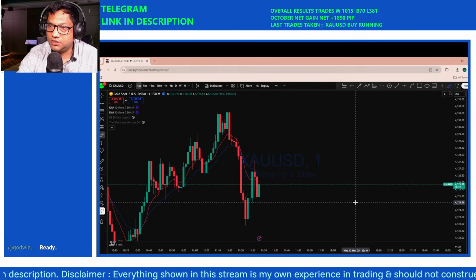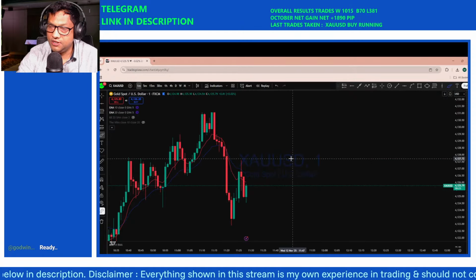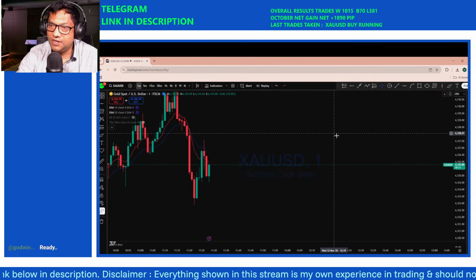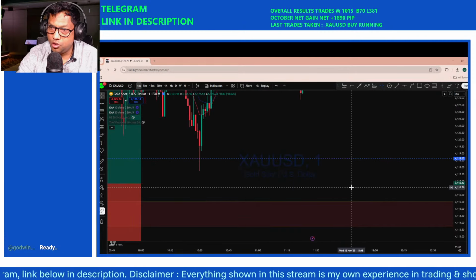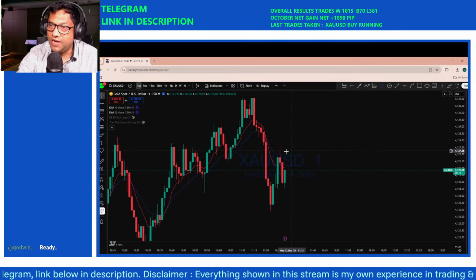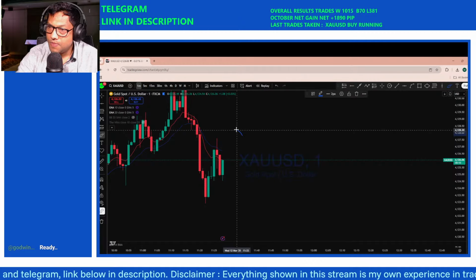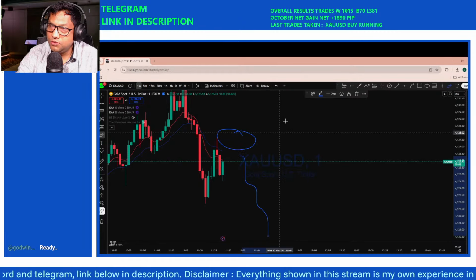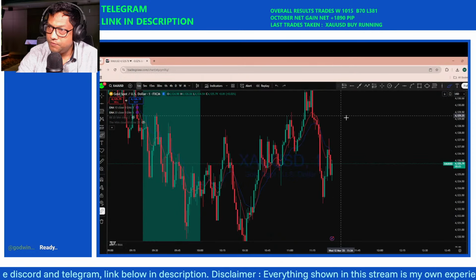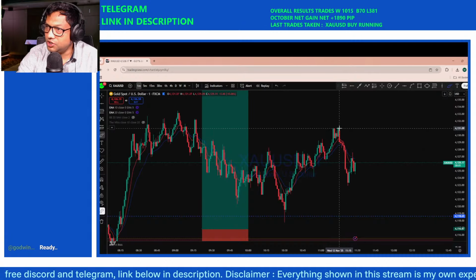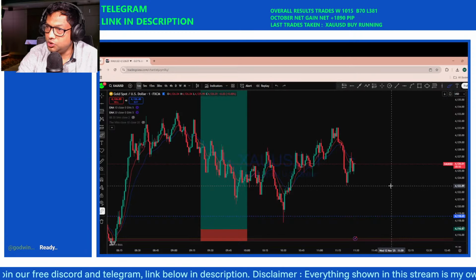It's currently potentially creating a structure in that area. If this breakdown is a bigger one for dropping down here, then we might see multiple rejections in that area and then a trend down. If it is a false breakdown to this order block, the way the market structure dropped from here is a complete single drop to this order block.